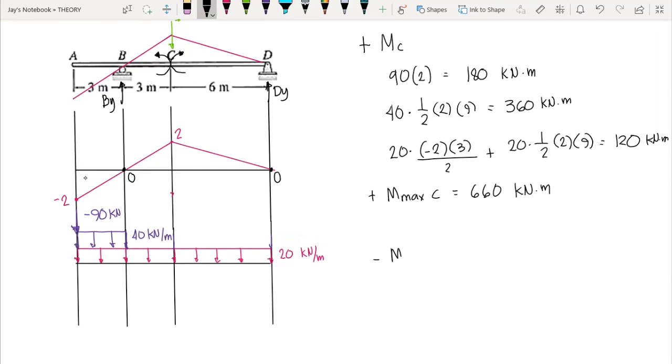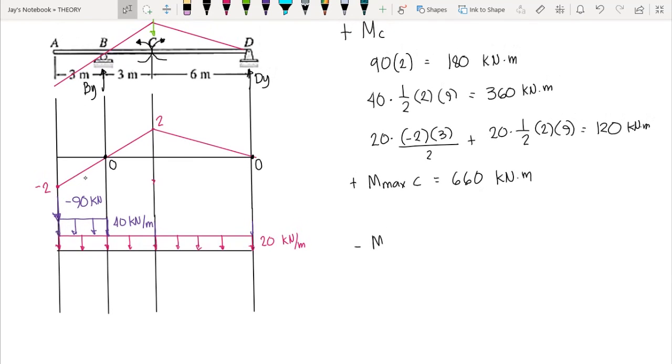In this case, we compute the moment generated by each live load. For 90, we have 90 times -2. This is -180 kilonewton meter. Now for the live load, we have 40 times the area of this triangle, which has 3 as its length, so we have 1/2 times 3 times -2.